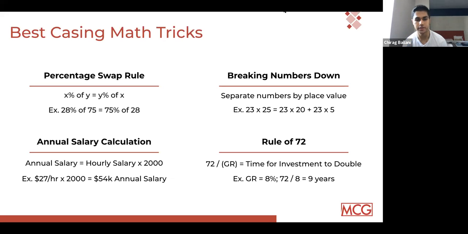The final rule is really cool. It's called the rule of 72. That basically means that when you divide 72 by the growth rate of an investment, it'll give you the time the investment takes to double. For example, if the growth rate is 8%, the investment will double in 9 years. What's super cool about this rule is that it's not only applicable to financial terms.